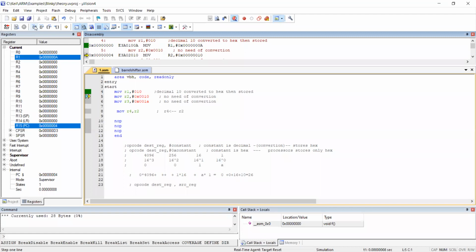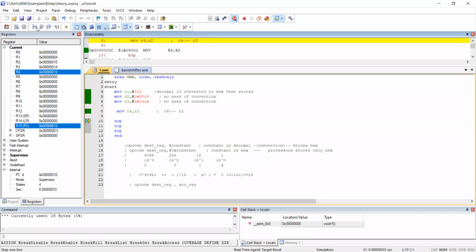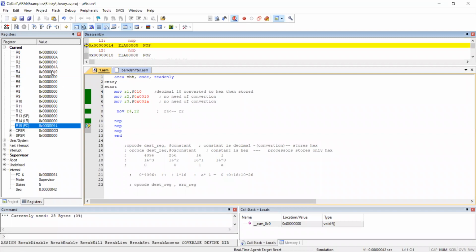Everybody is right, but the symbol you should write is 0x0010. Why? Because the number is now in hex, so you should not get confused. Now what is R4? 10. Can you see the output here? R4 is the same as R2. Whatever is in R2, the same thing is in R4.